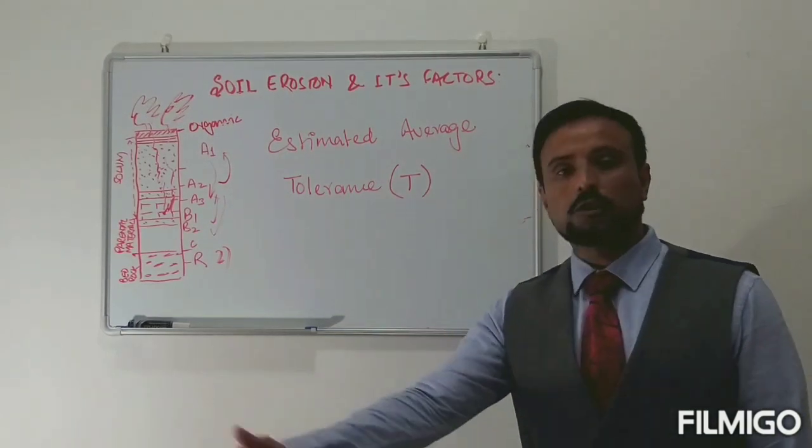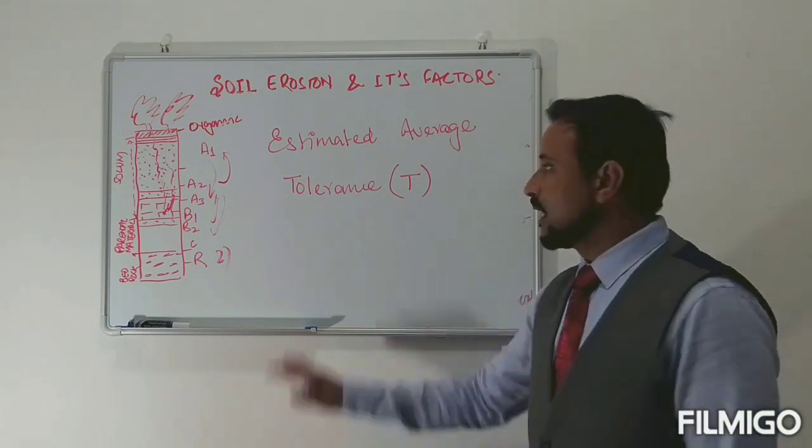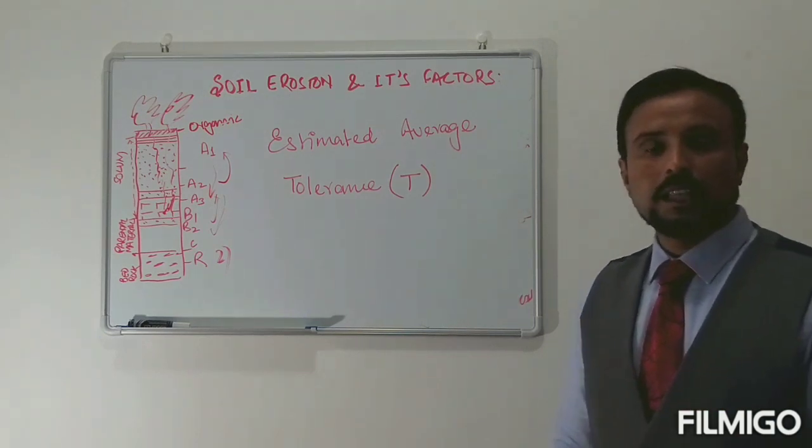Like in a particular soil, wind erosion is happening. To what extent can the soil bear it? That is called its estimated average tolerance.